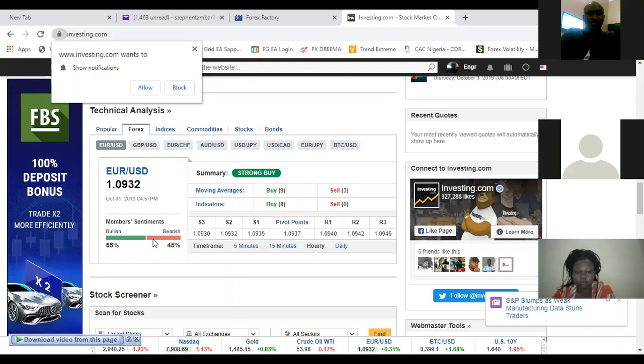If you have done your analysis and your structure is telling you that Euro USD will buy, or you have not done any technical analysis and based on this sentiment you say, oh, 55% are saying it will go bullish. When they say bullish, it means it will buy.